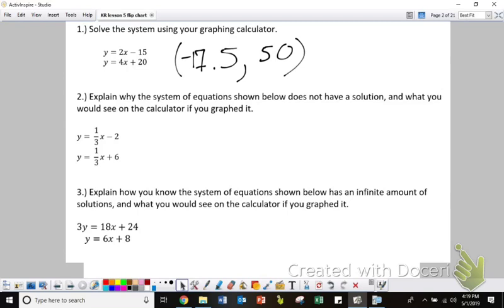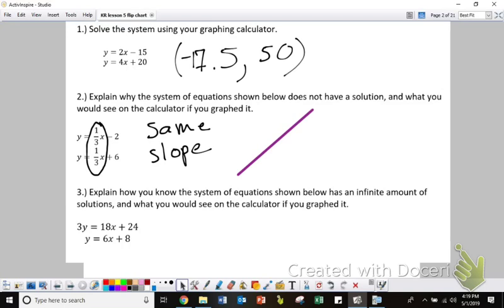Otherwise, we should notice that they both have the exact same slope, which means that these lines, if they would be graphed, would be side by side like this. These are parallel, so they will never touch. They are parallel lines.